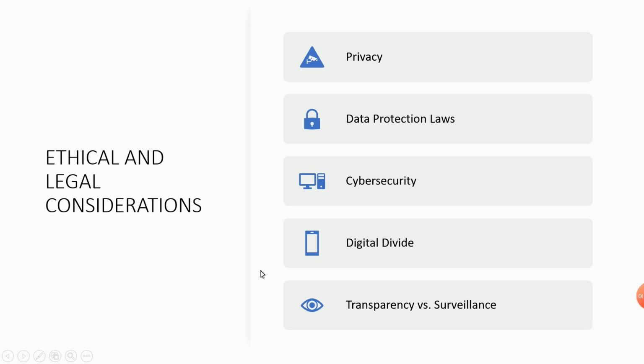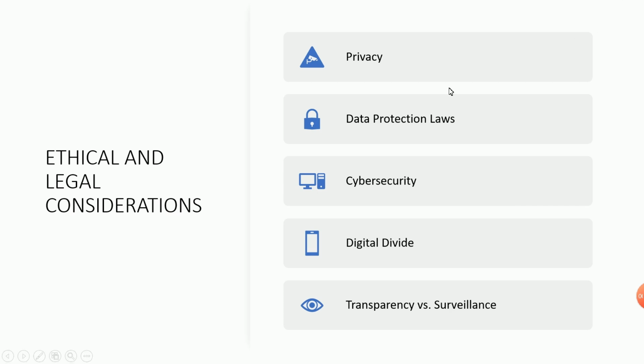Now there are certain ethical and legal considerations in this process, that is data governance. First is privacy. As I said, when we upload data in DigiLocker, there is a possibility it could be hacked, and my own biometric data from Aadhaar and bank-related data from the PAN card could be exploited by any unknown person.